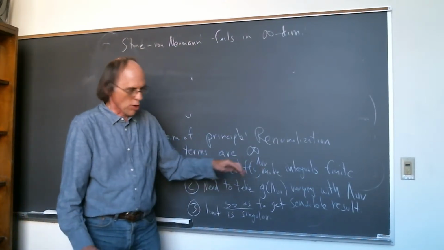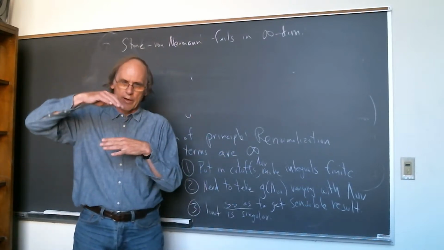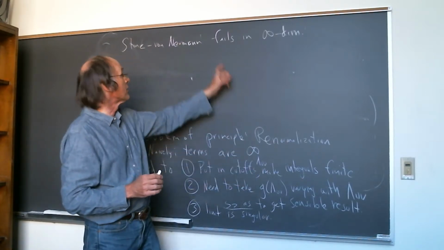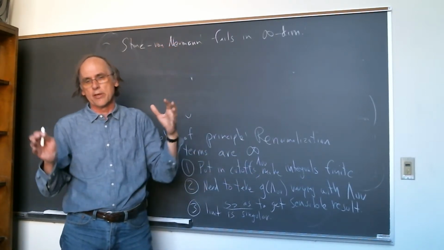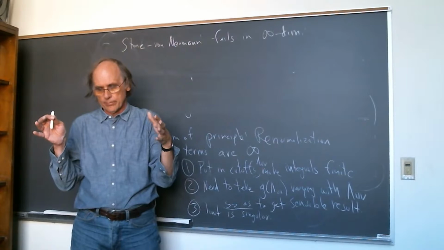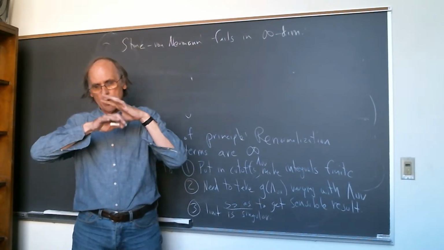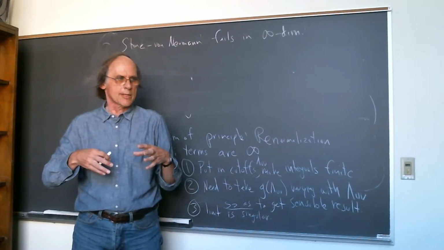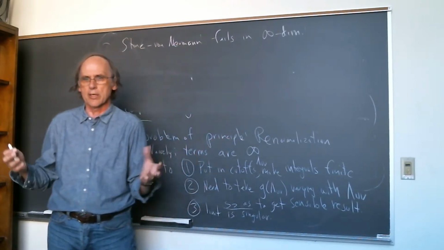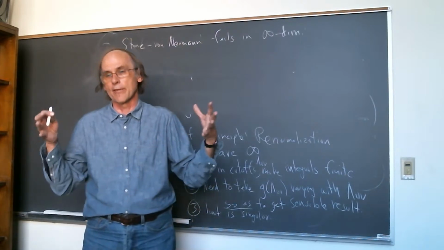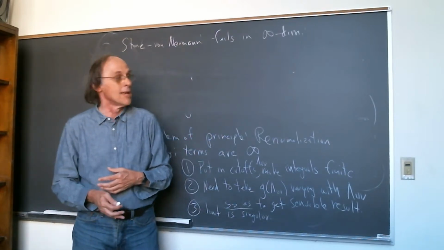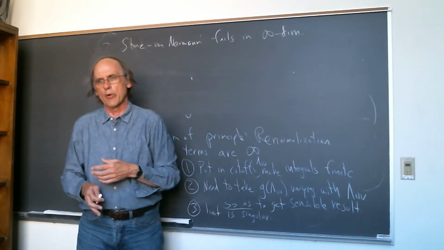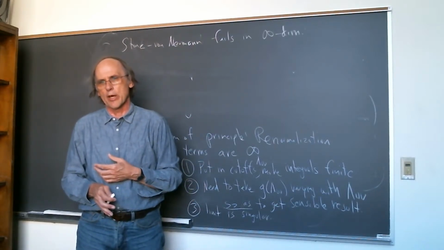And so what's happening here is that if you put in cutoffs, like an infrared and an ultraviolet cutoff, then instead of an infinite number of degrees of freedom you have a finite number, Stone-von Neumann works, and you can write down a perfectly sensible thing. It's not a bunch of decoupled oscillators, it's a bunch of coupled oscillators, but it's a finite collection, and there's only one way to quantize that.